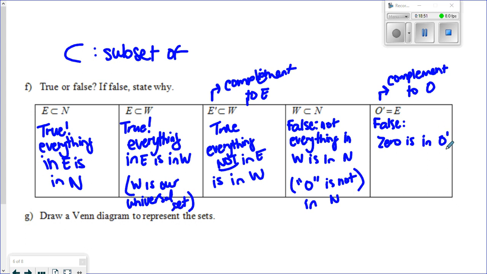Again, that's everything that's not in O. If you look back at what O is, 1, 3, 5, 7, 9. So 0 would be within not O, or the complement to O, but it's not actually in our evens. So we can't say that they're equal, because there's something in O prime that's not within the evens.